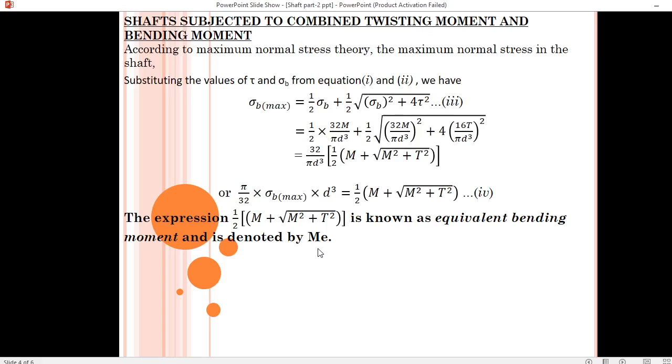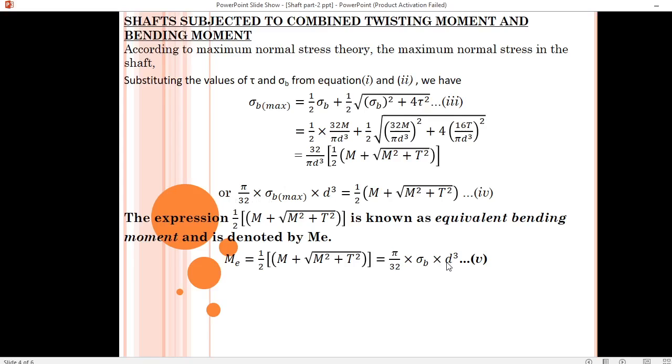Okay, so this is defined as that moment which, acting alone, produces the same tensile or compressive stress sigma b as the actual bending moment. So we can write Me is equal to 1 by 2 into m plus root over of m square plus t square, which equals pi by 32 into sigma b into d cube.